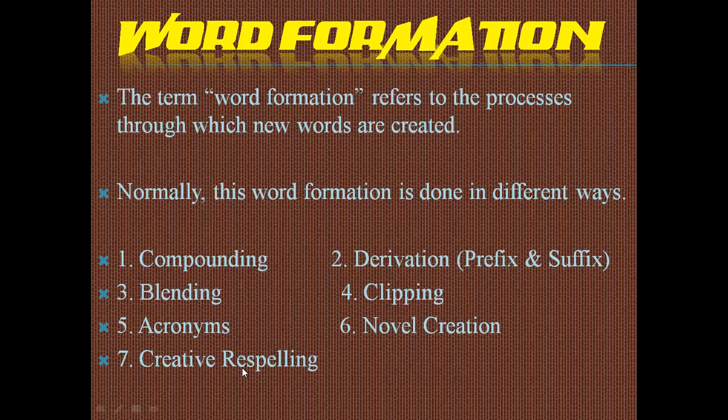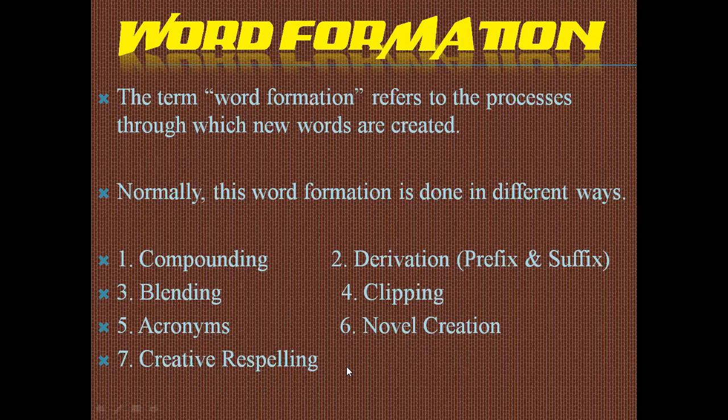And next, creative respelling. See here, this kind of word formation is used mostly in social media. When you're WhatsApping or texting somebody, you are going to use different words.